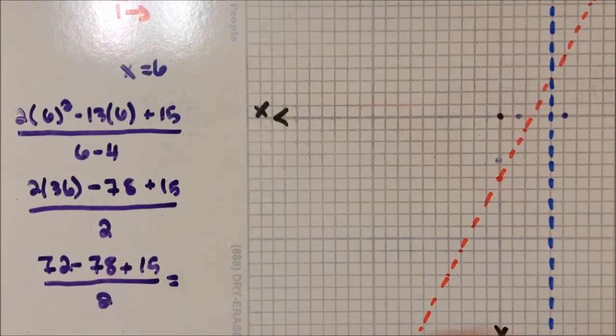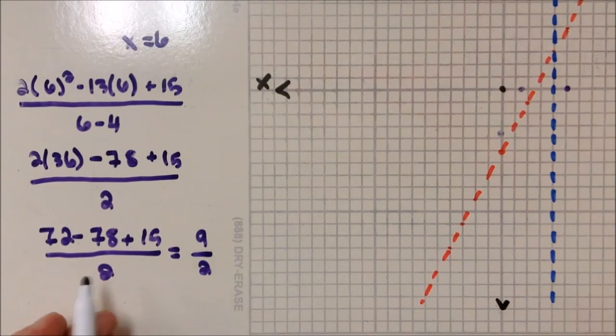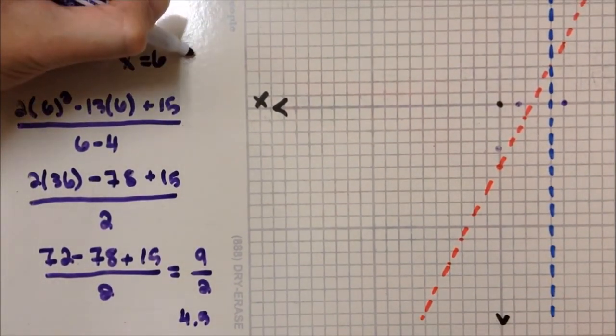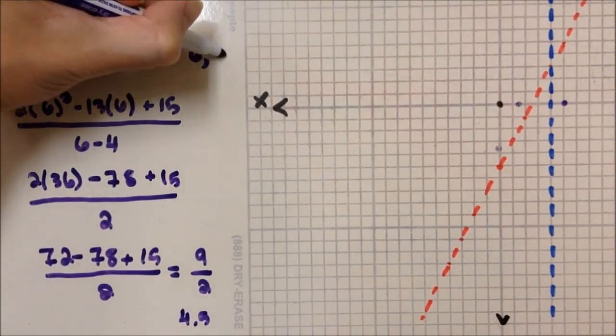Negative 6 plus 15 is just 9 over 2. And then if I were to divide 9/2 into a decimal, it would just be 4.5. So our coordinate point is going to be 6, 4.5.